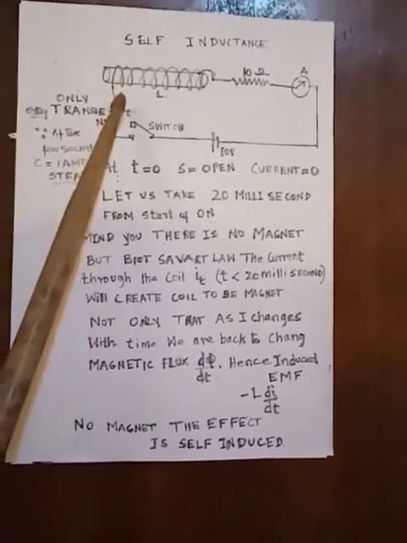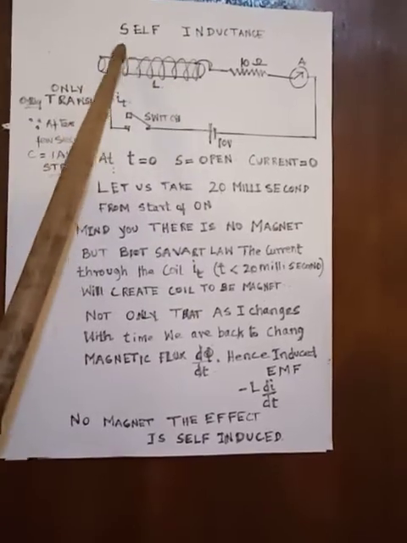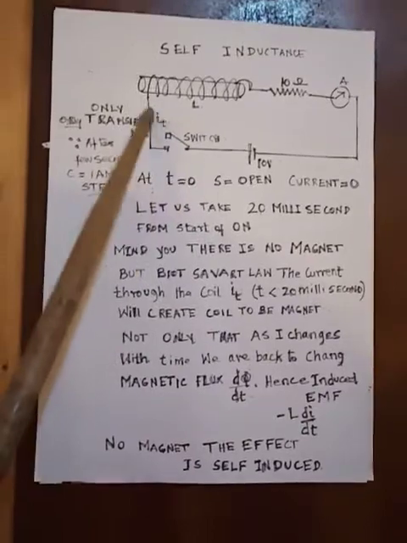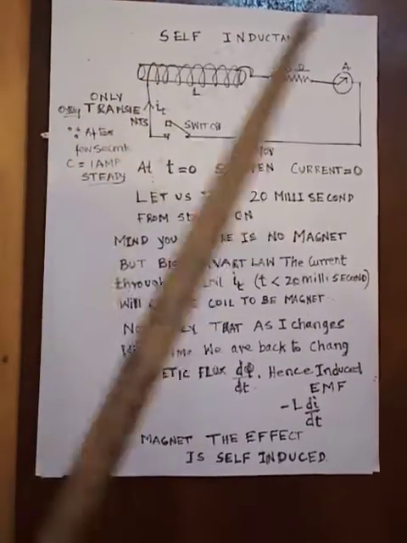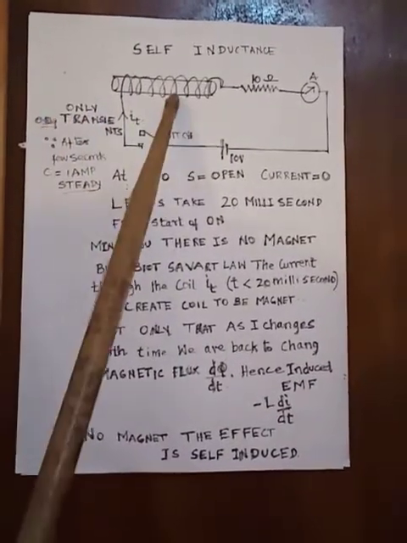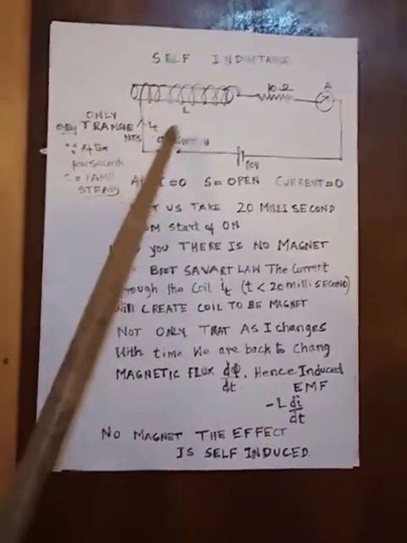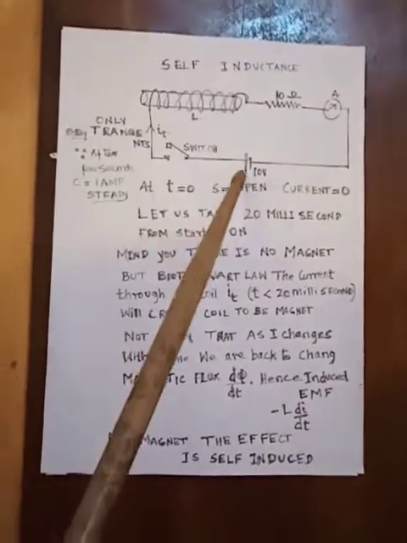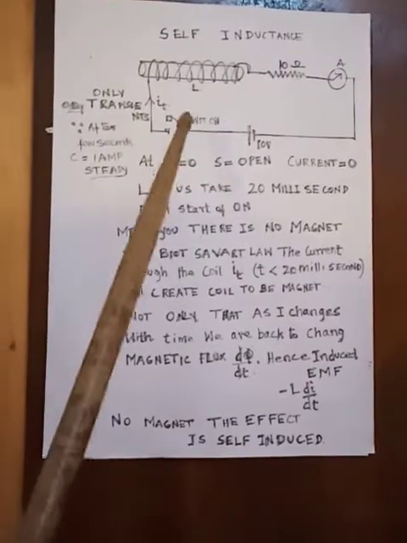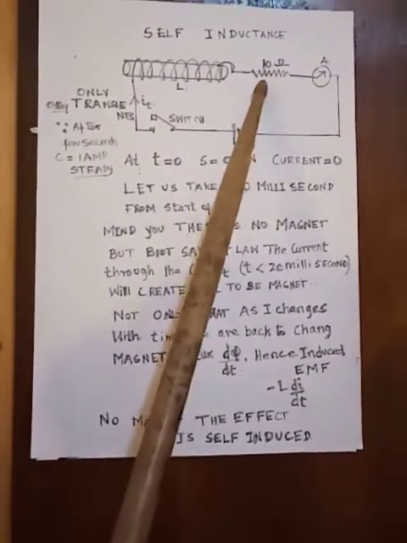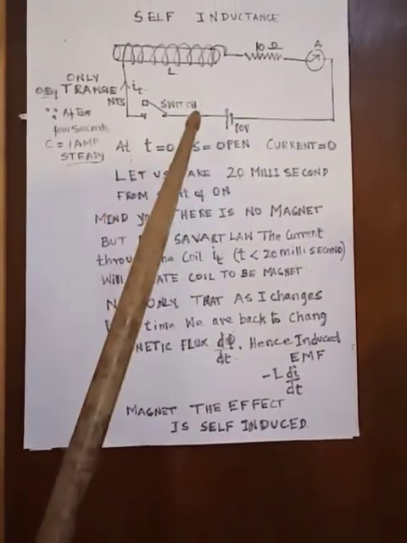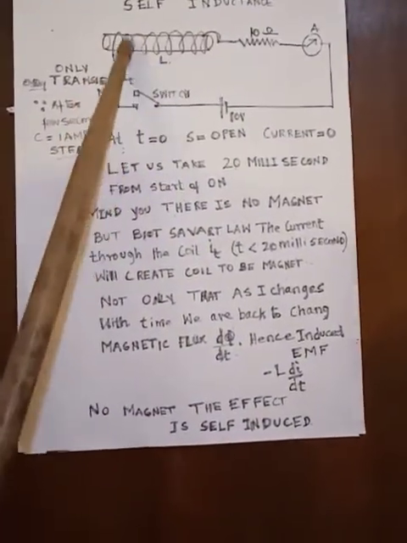See, we come back to the old Ampere's law. Whenever the current flows through a coil, there will be a dipole moment, there will be a magnetic field perpendicular to the plane of the coil. So here now, the moment I switch on, the current will flow. The current also is changing from 0 to, say, 1 ampere, because this is 10 volt, 10 ohm. So there is a magnetic field.